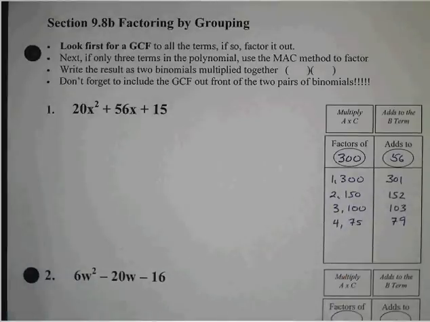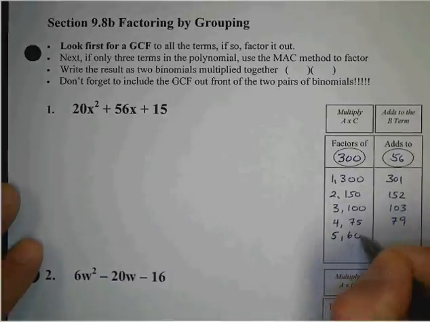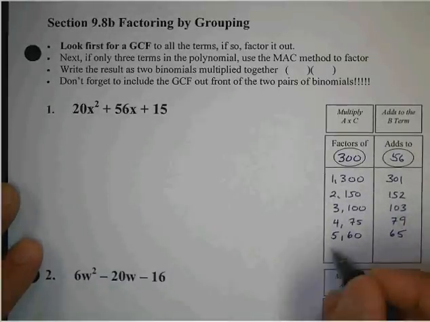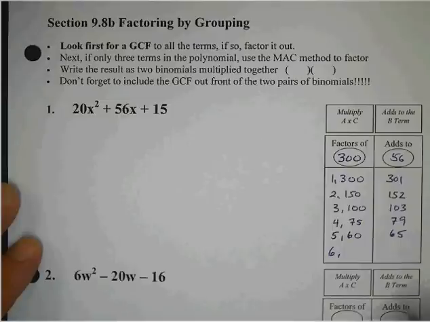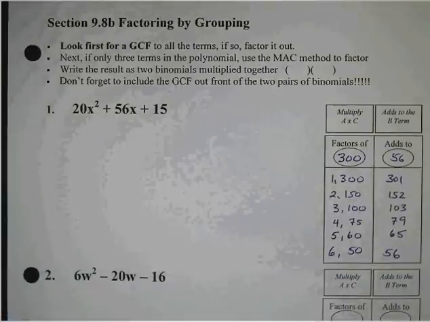We're getting close to 56. Does 5 go in? Yes, 60 times. 5 and 60, that's 65. Does 6 go in? Yes, 50 times. There it is. So honestly, it only took us 6 tries.